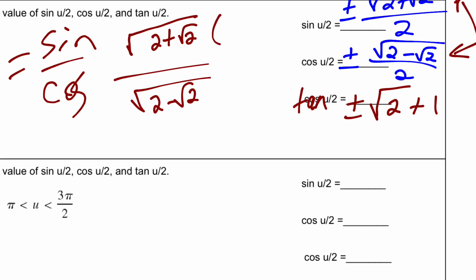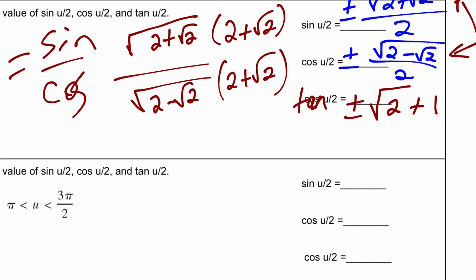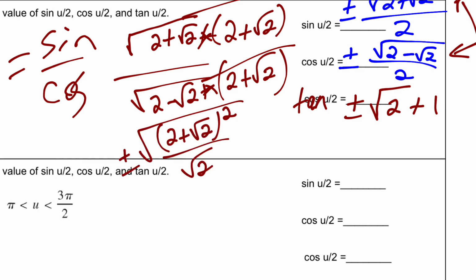So one way to do that is to multiply by this on the top and on the bottom. This is kind of like when we multiplied i's by i's to cancel them out. We're multiplying root 2's by root 2's to cancel them out. And if we do that, and by the way, we can keep this all underneath the radical and just multiply right there, we can simplify to this, where the top part is 2 plus root 2 squared.